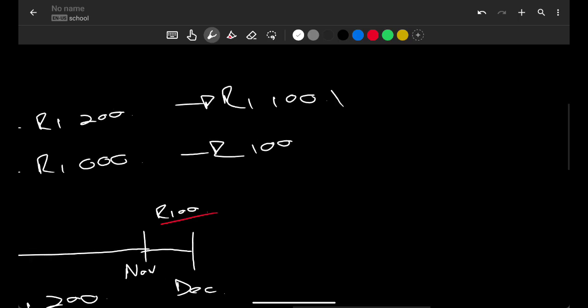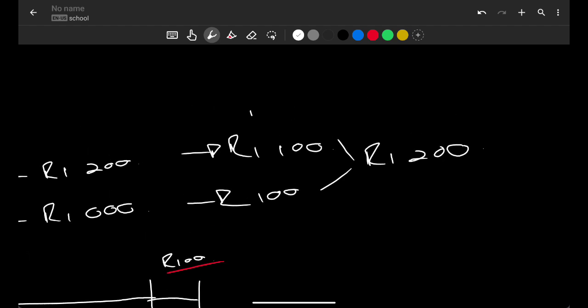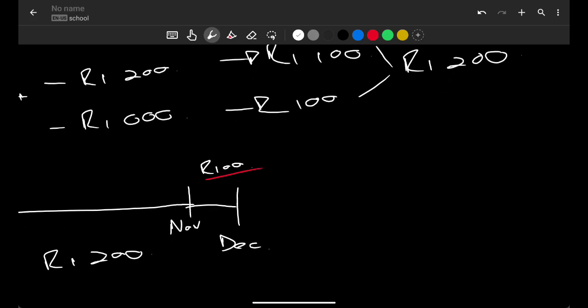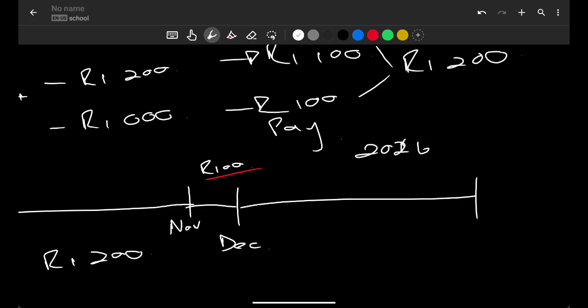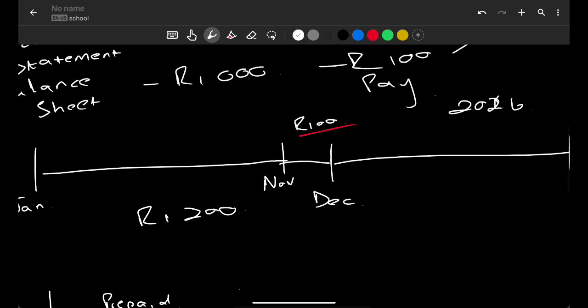So your total actually becomes 1,200 Rand, as you're supposed to, right? This is what you paid during the year. This is what you will pay in the next financial year, in 2026, whatever problem you had in December.